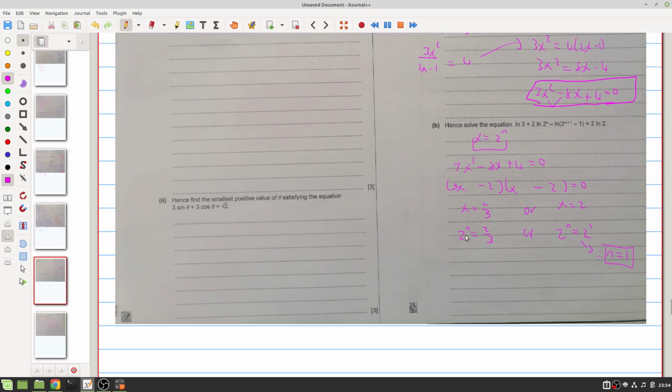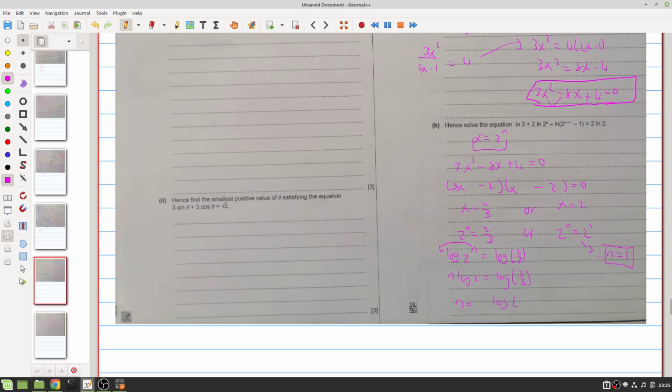Now this one here, again we have an unknown, but the bases are not the same, so let's use logs. So log of 2 to the power n equals log of 2 over 3. And we do this because now that exponent can move to the front. So we've got n times log 2 equals log of 2 over 3. And then we just divide both sides by log 2.